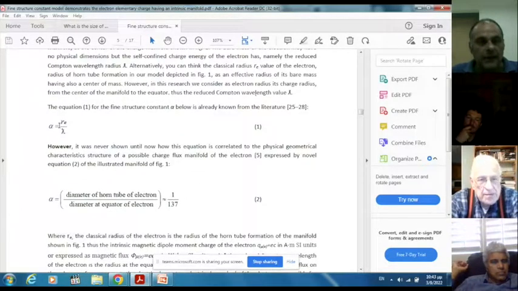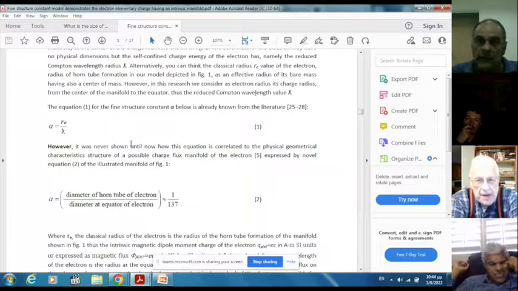It's the classical radius, and this is the reduced Compton wavelength. The reduced Compton wavelength is the Compton wavelength divided by 2 pi, so it's actually a circumference divided by 2 pi. It's a radius. So this is the radius, the reduced Compton.